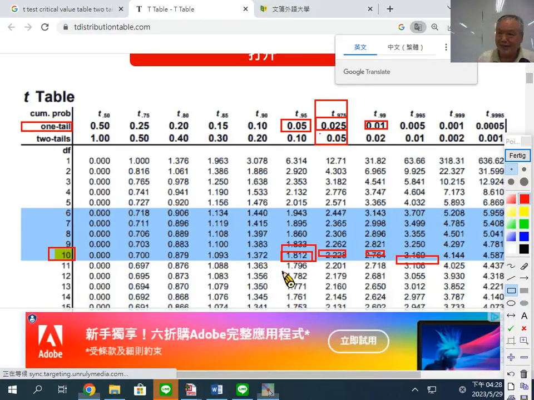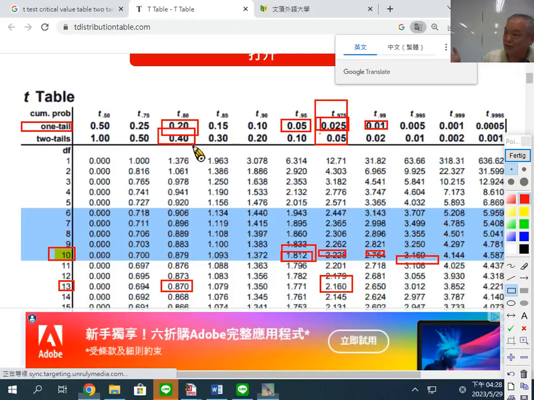So let's assume this: if we have found that the degree of freedom is 13 and the t-value is 2.160, what would be the corresponding p-value? Then we can check here. Oh, it's around 2.5%, right? If the t-value is something like this, then the corresponding p-value will be just like this one, if this is two-tailed.